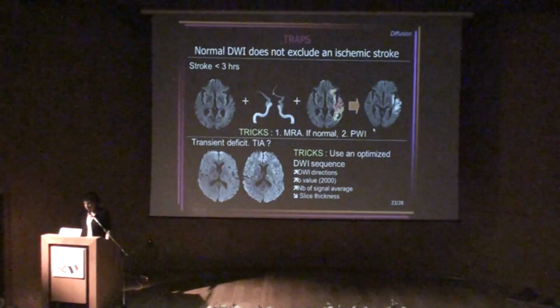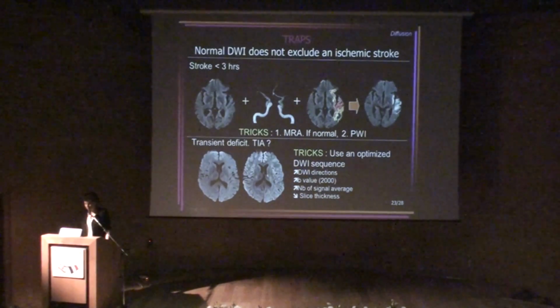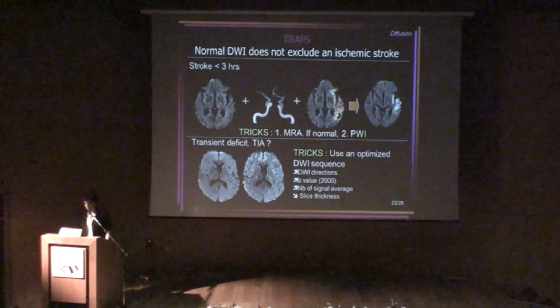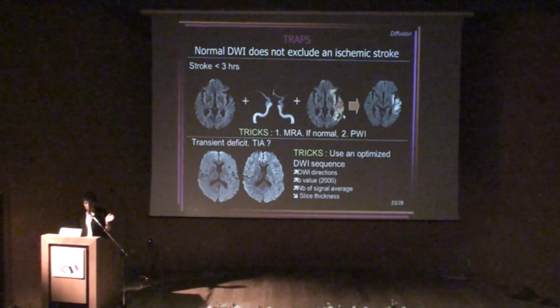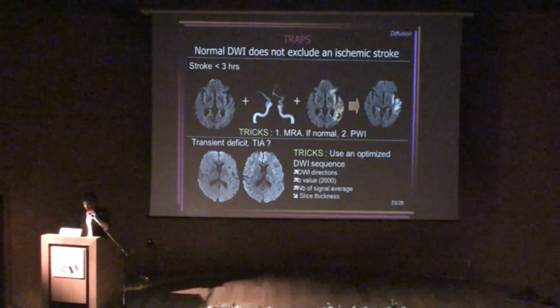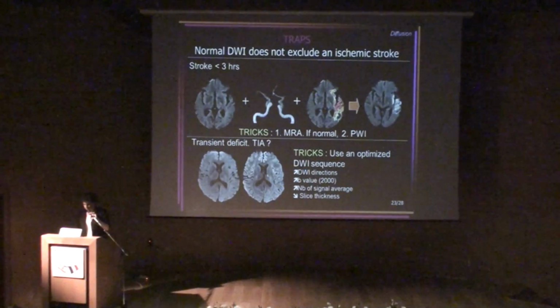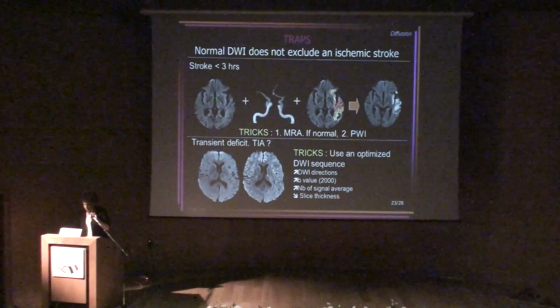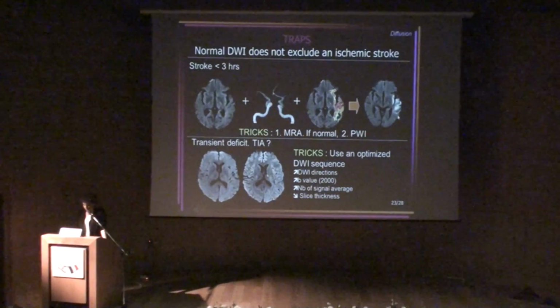If not, you should run a perfusion-weighted imaging to look for the perfusion defect, here superimposed on the diffusion-weighted sequence, to highlight that there was a hypoperfusion. The patient was not treated because he had a contraindication to thrombolysis, and there is a stroke the next day.